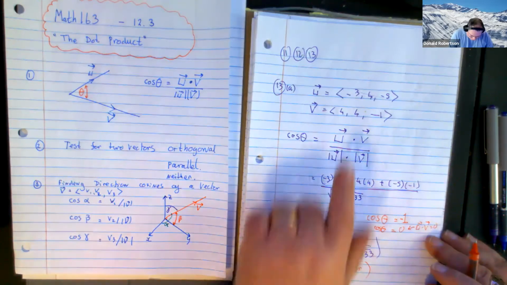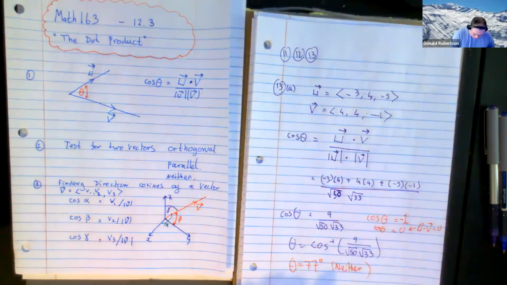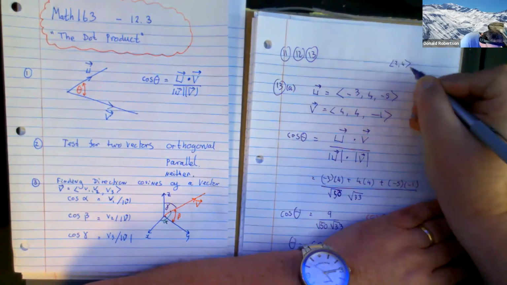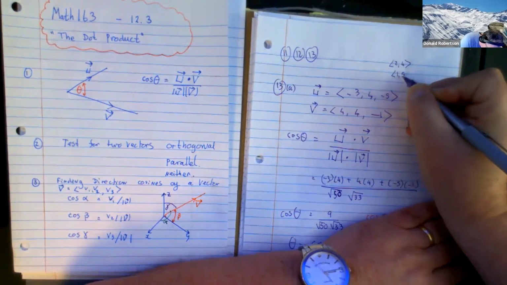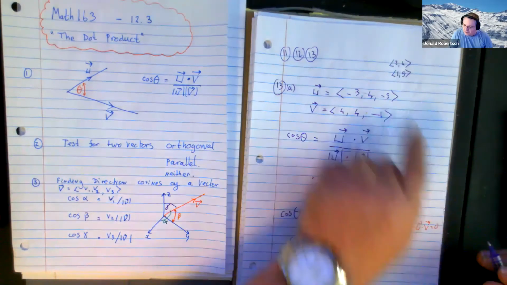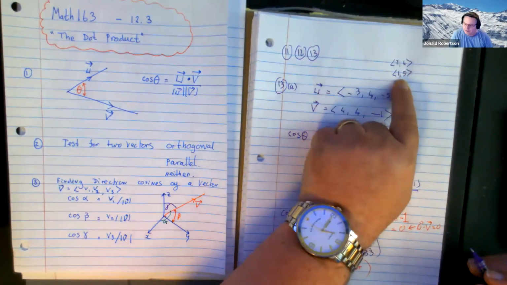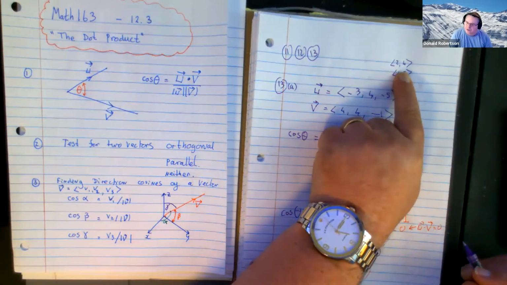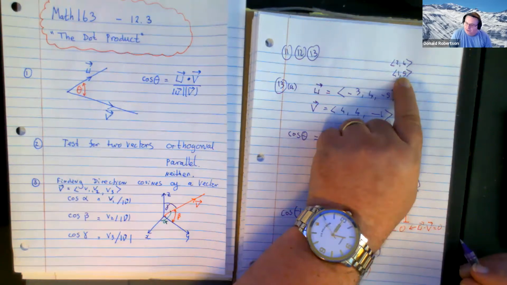Now, most questions are 3-dimensional vectors, but you can actually do it with 2-dimensional vectors as well. Can you do a dot product with only 2 numbers? And you can get a magnitude. That's the square root of 2 squared plus 4 squared, and this one's the square root of 1 squared plus 5 squared.